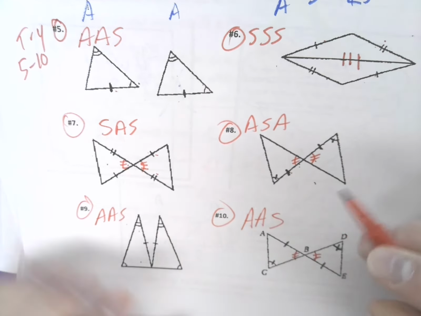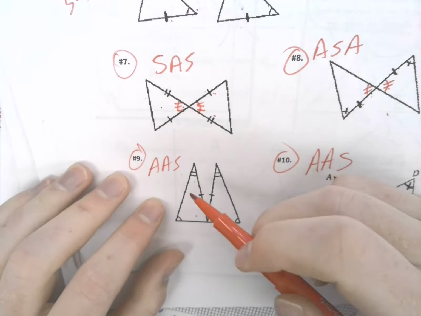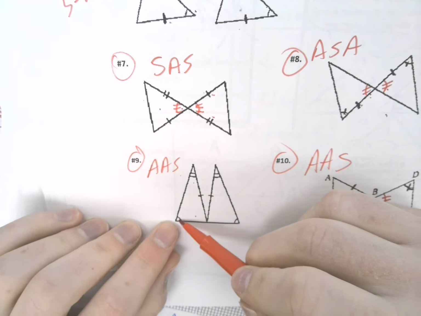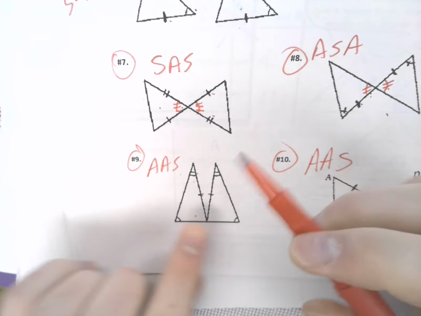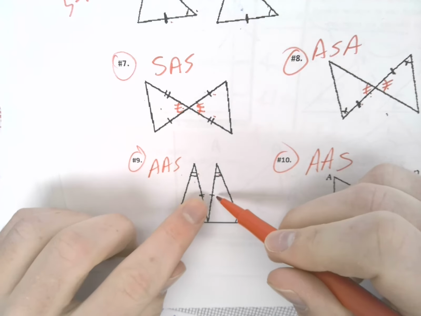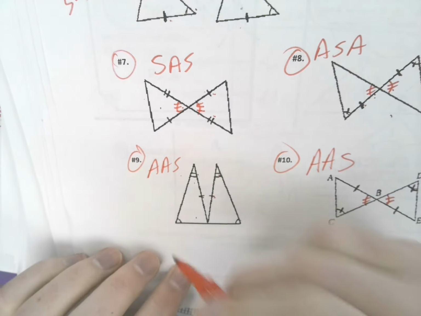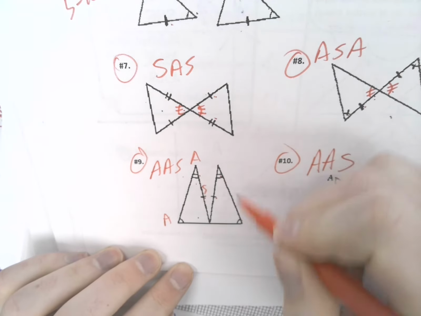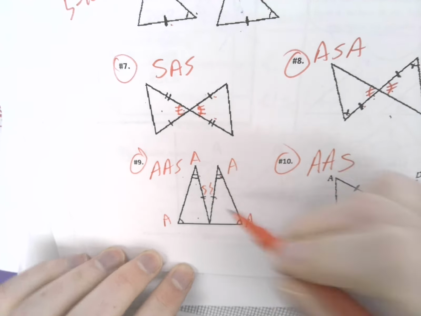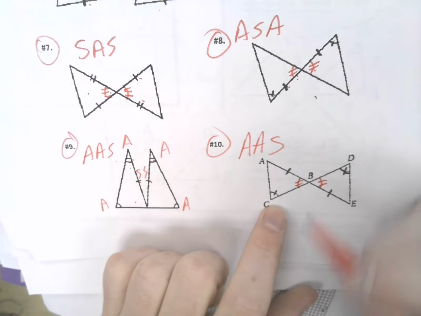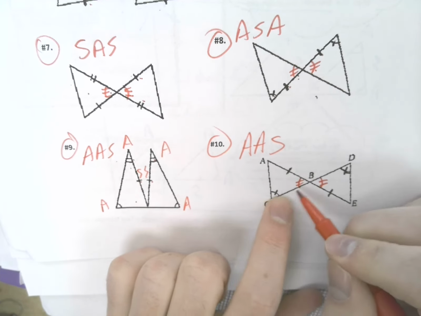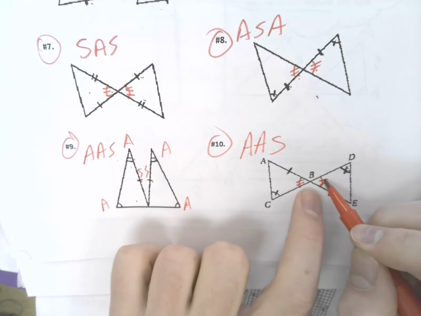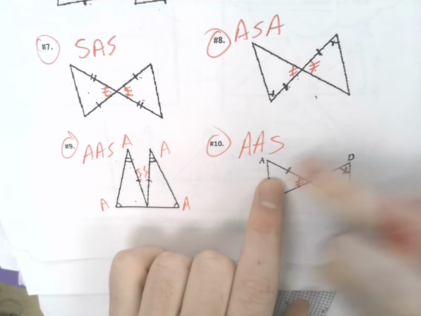Number 9, angle, angle, side. See that there. And then number 10, I think another one, angle, angle, side. Yep. So hopefully you guys absolutely crushed that.